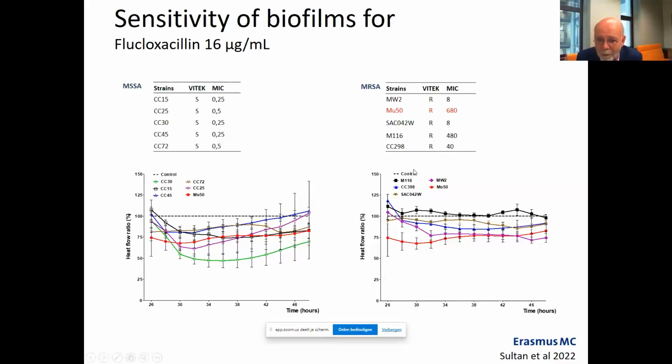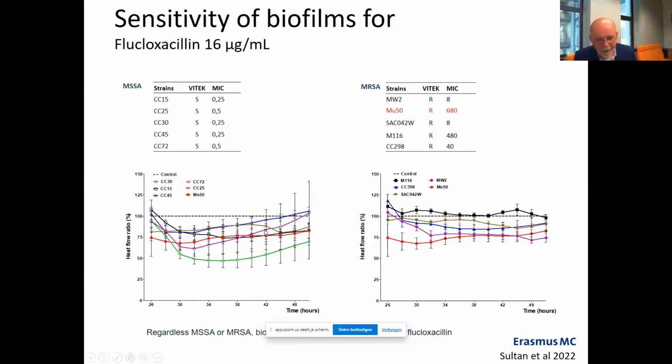This is the mu50 again, and I hope you appreciate that indeed the MRSAs are not affected at all, or only slightly. But when we look now at the MSSAs, it's quite shocking. They are not affected, and some even outcompete our resistant MRSA that are depicted over here as well.